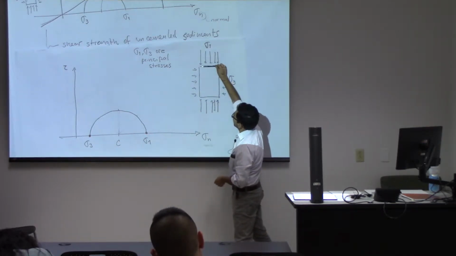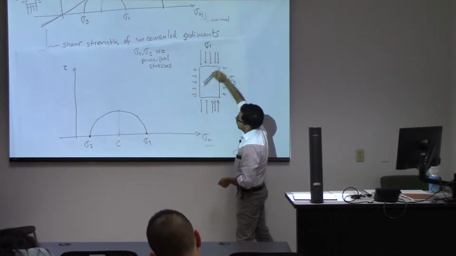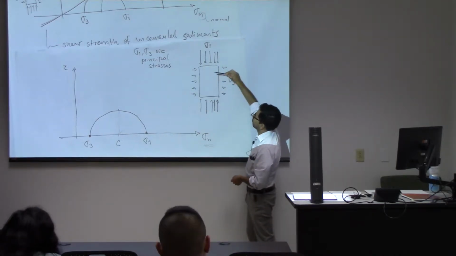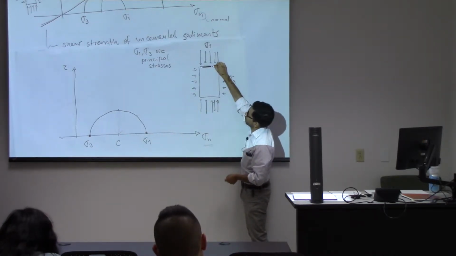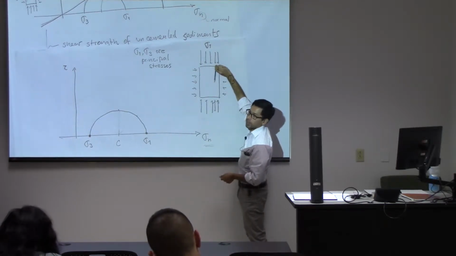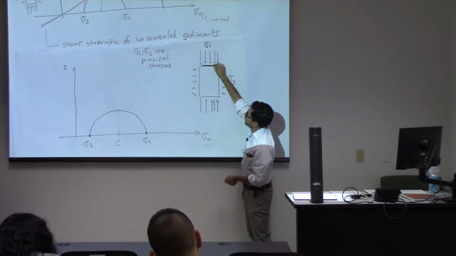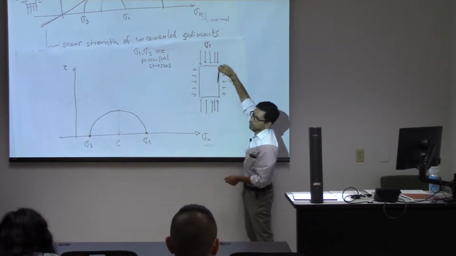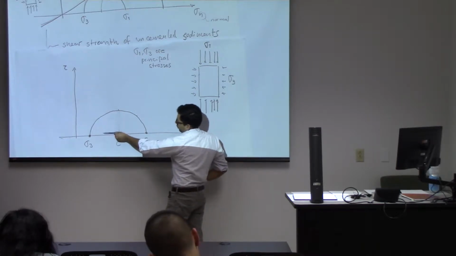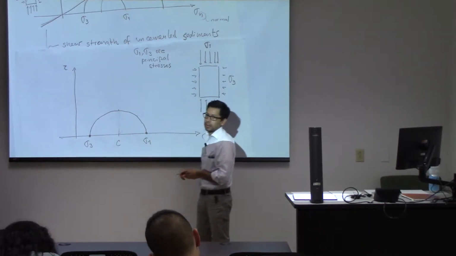So everything in between, actually all those points, are a representation of normal and shear stress of all these planes, from here to there. And notice that to get from here to there, I move 90 degrees over here, but to go from here to there, I move 180 degrees.